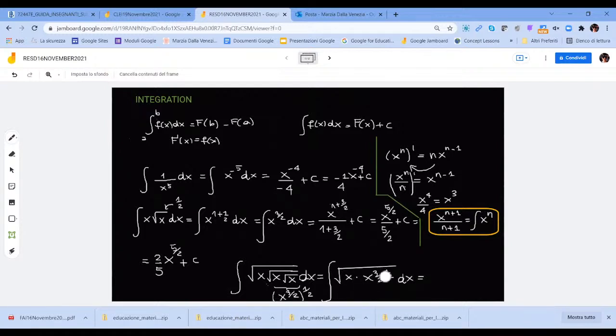That means 3/2 times 1/2 is 3/4. And then everything that is inside this square root is x to the power of 1 plus 3/4. So 4/4 plus 3/4 is 7 divided by 4. Okay, what is the next step?